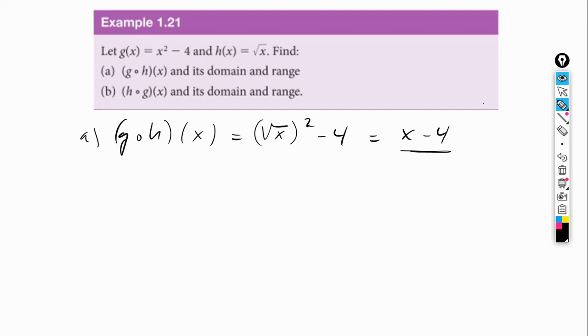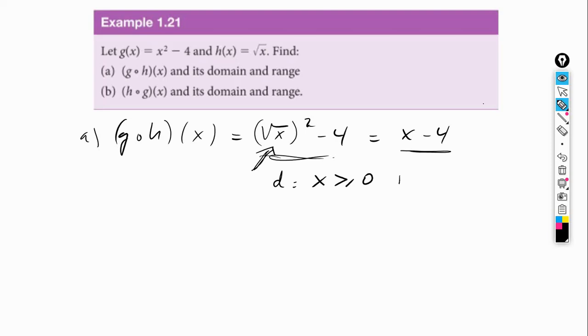But because it's a composite function, we have to take into account h of x. So we can use this here to see what the domain and range are. h of x, which is square root of x, is going to limit the domain. The domain will be x values that are greater than or equal to 0, because we cannot have negative square roots.